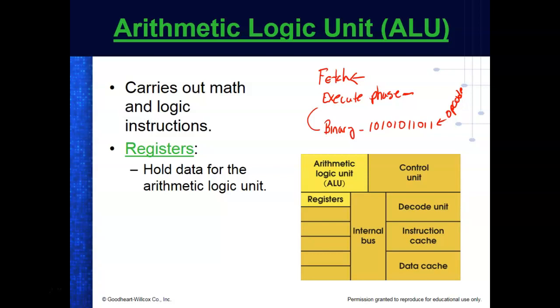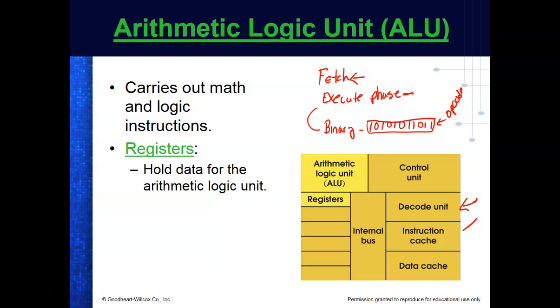Well, what happens, this could actually be a number, but when it's in the fetch phase, whatever binary number comes into the processor goes into this guy right here. So this guy would look at the opcode and say, okay, I'm going to do what? I'm going to add.